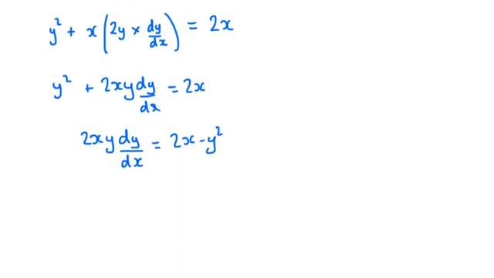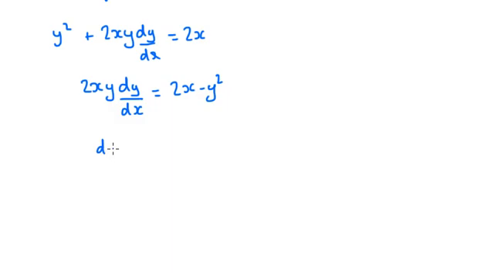And I'm then going to divide by the 2xy, so that dy by dx is equal to 2x minus y squared, divided by 2xy.